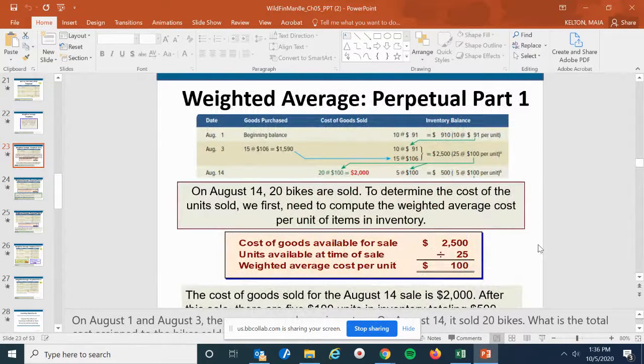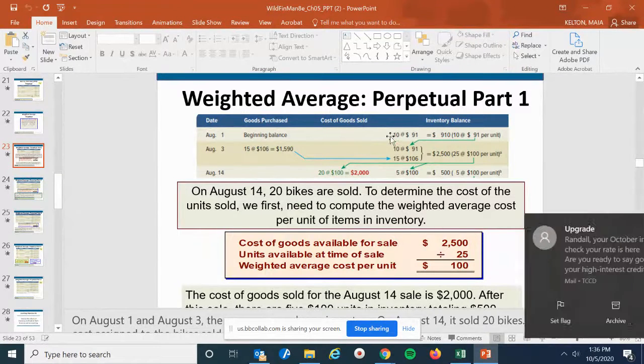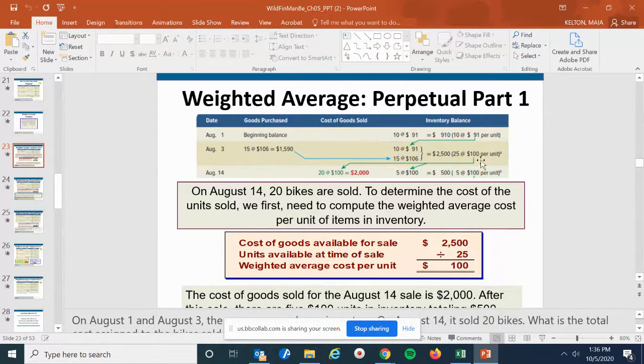So here's the problem from the book, and it's a very busy slide. I think when I work the problems in the in-class practice set, you'll see it a lot clearer. So for the weighted average, here is the same example. The beginning balance is 10 units at $91.